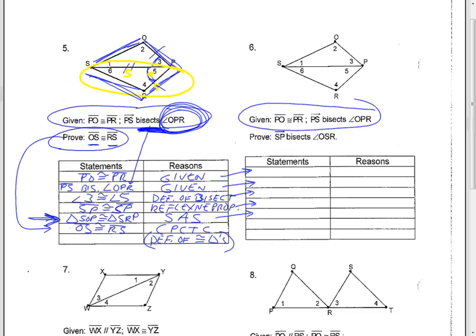So put arrows for the first 5. 1, 2, 3, 4, 5. It's going to be exactly the same. And what you can do is put that last line, triangle SOP congruent to triangle SRP, down, just to show that we're going to do the same exact first 5 steps. We're going to prove that the triangles are congruent.